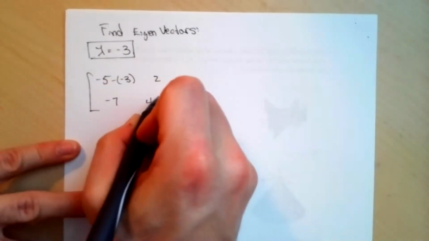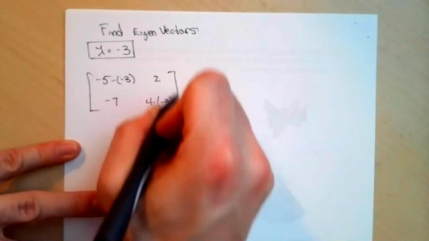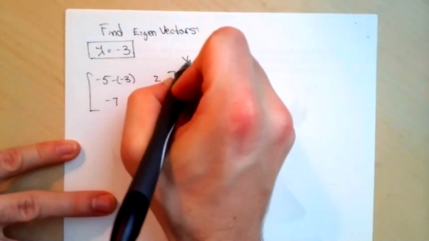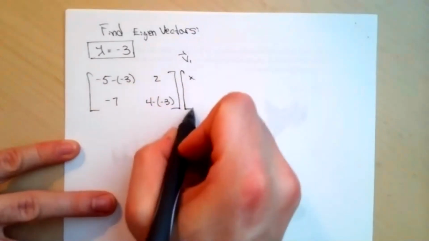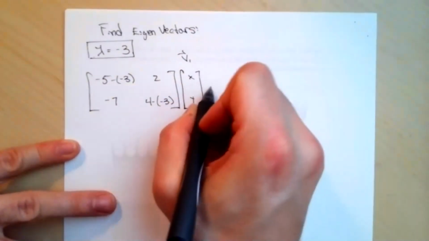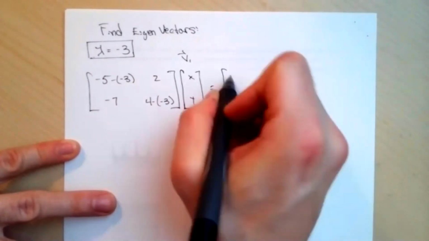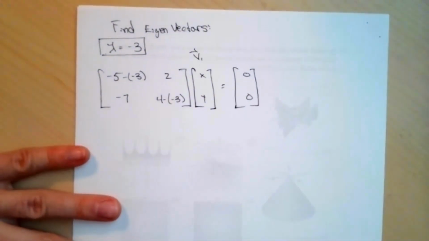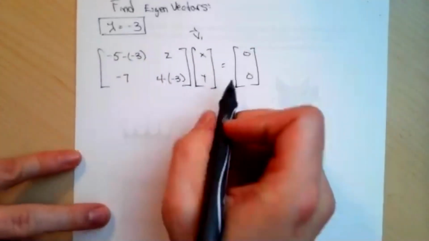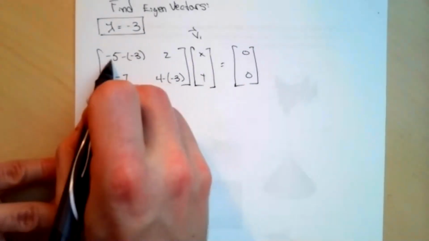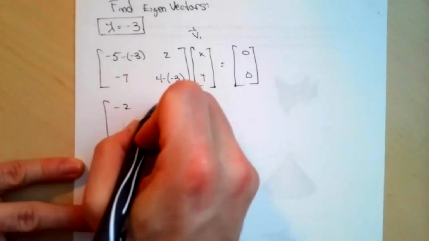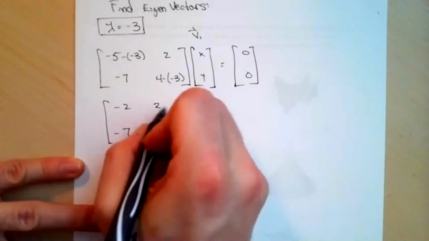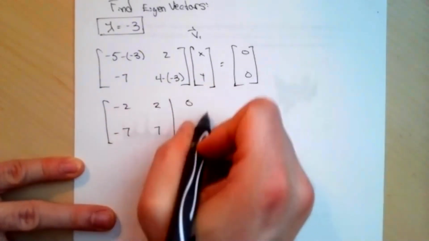And then 4 minus our -3, times our first eigenvector, give it coordinates x, y, and we know that that should go to 0. So we are trying to solve -5 plus 3 gives -2, 2, -7, and 4 plus 3 gives us a 7. And then we just augment by zeros.